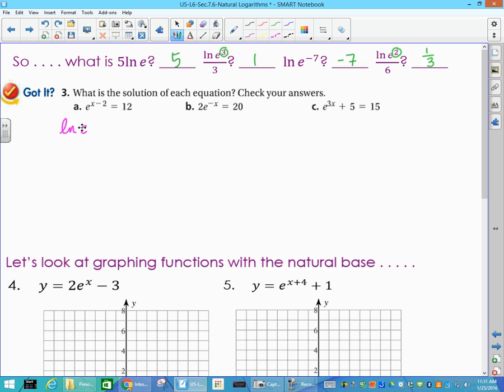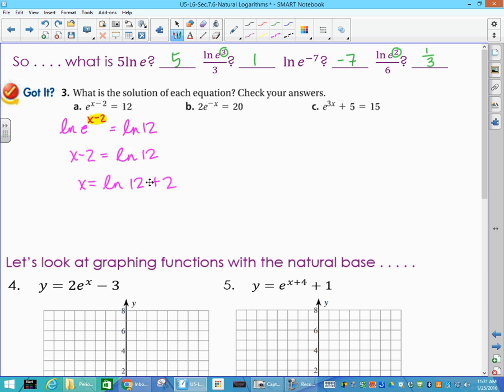So this is ln of e to the x minus 2 equals ln of 12. And I would really caution you not to skip this step, because when people do, they forget that little ln right there. Okay, and remember what we've just been doing, ln of e to whatever is equal to whatever. So your exponent is equal to the natural log of 12. So x equals ln of 12 plus 2.